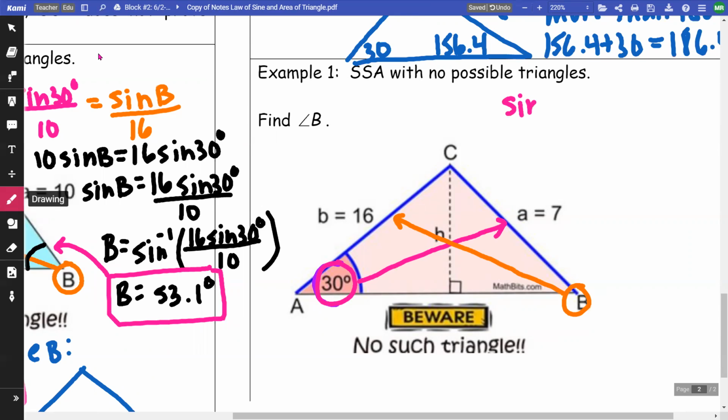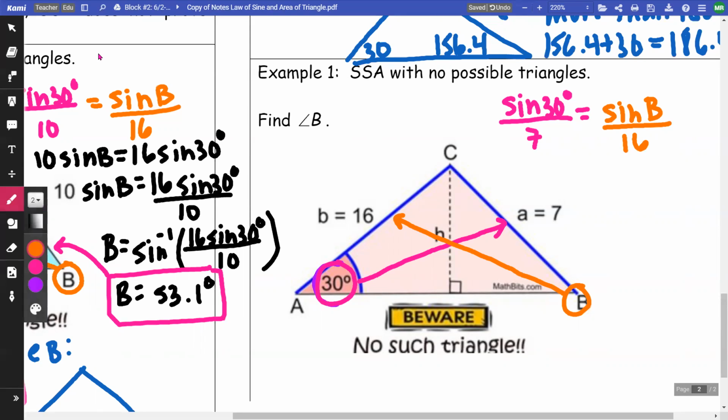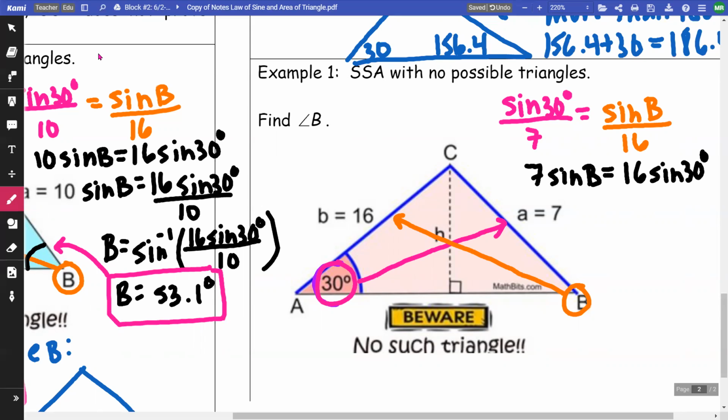So I'm going to have sine of 30 degrees over 7 is equal to sine of B over 16. I'm going to cross multiply and solve. So I am going to have 7 sine B equals 16 sine of 30 degrees.